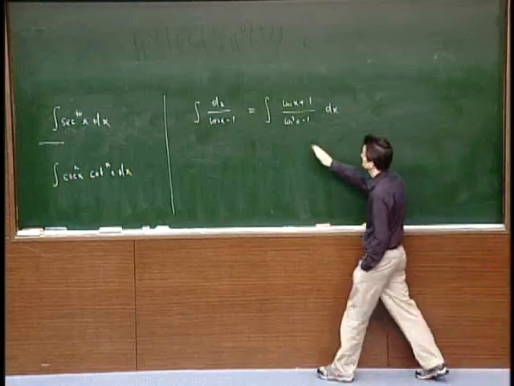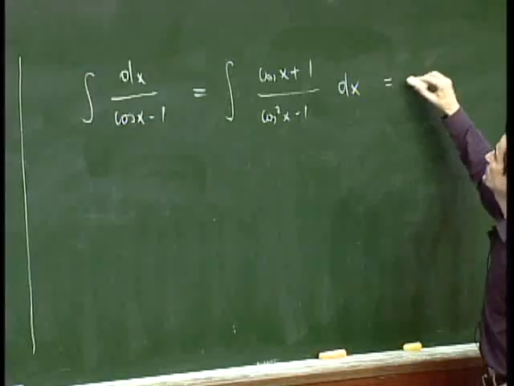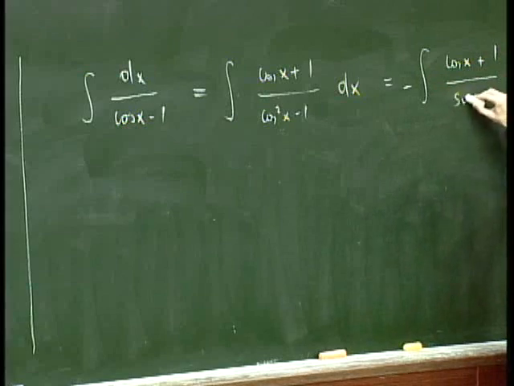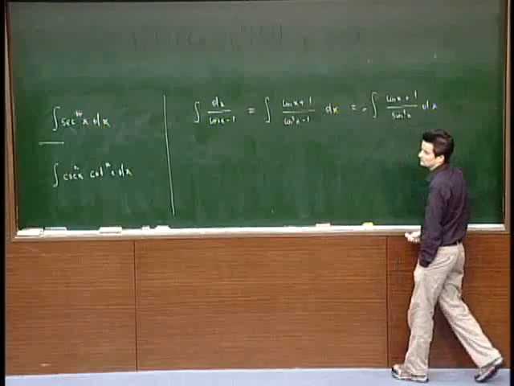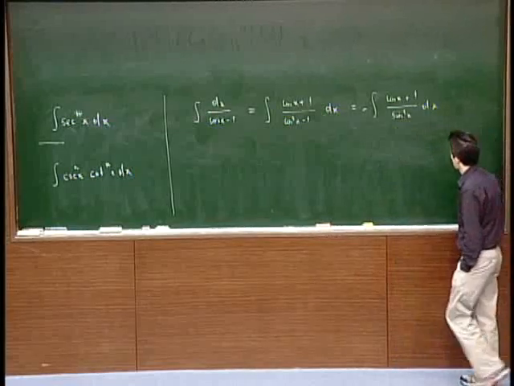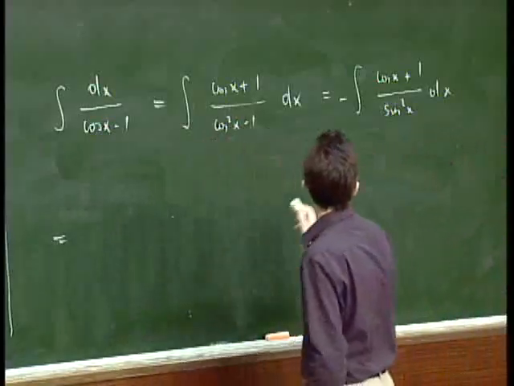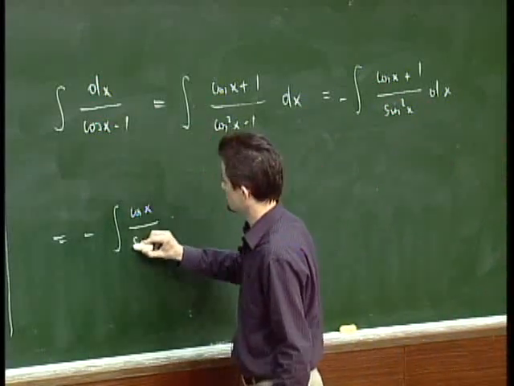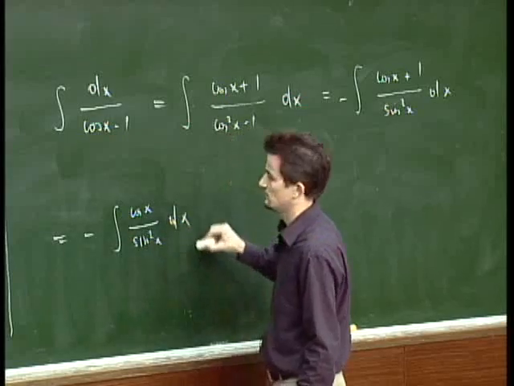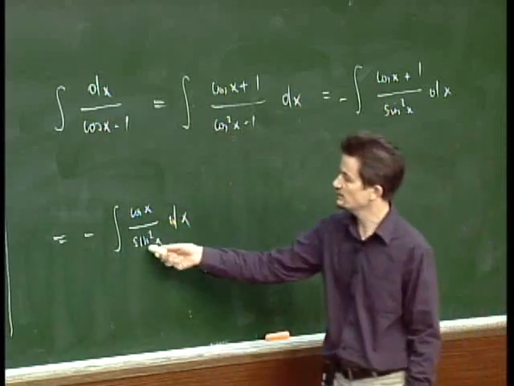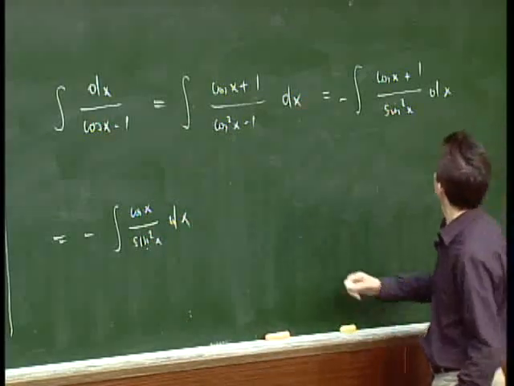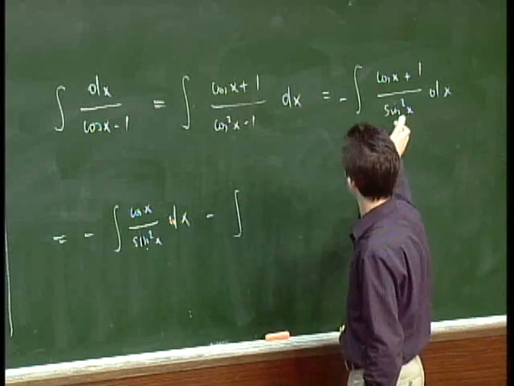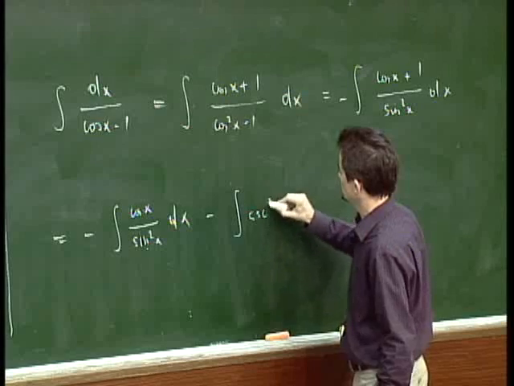Now you can rewrite this in terms of the sine, so you have the cosine of x plus 1, and here let's take out the minus. Now you see that the first part of the integral is minus the integral of cosine of x over sine squared of x dx. That calls for substitution, because the derivative of sine is the cosine. For the second part, minus the integral, this here actually is the cosecant squared of x dx.